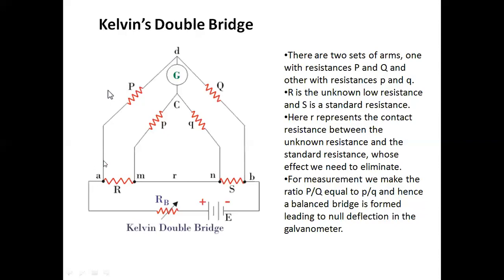The voltage across terminals A and D should be equal to the voltage across terminals A, M and C. Similarly, the voltage across terminals B and D should be equal to the voltage across terminals B, N and C. Those things need to be kept in mind. Those are the conditions required for null detection of the galvanometer.